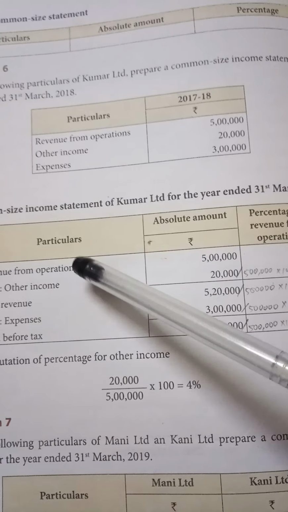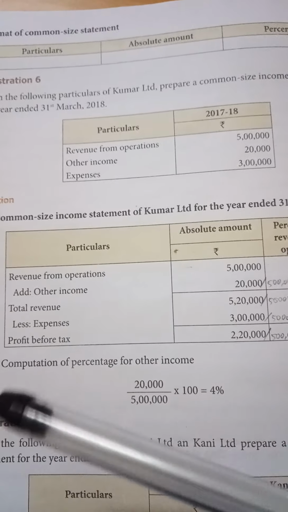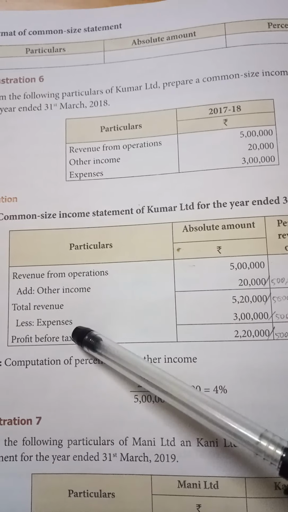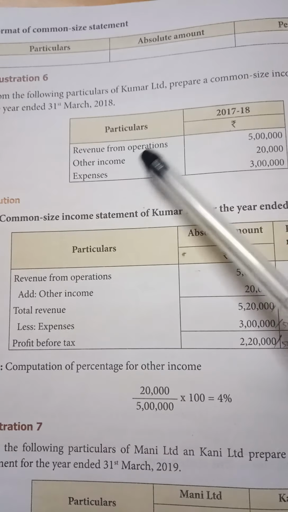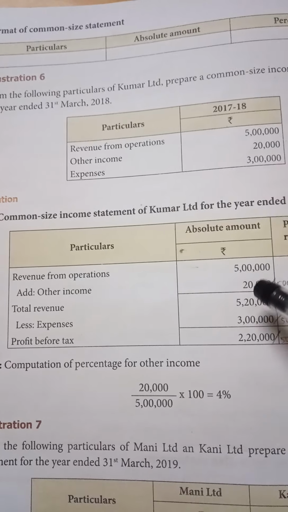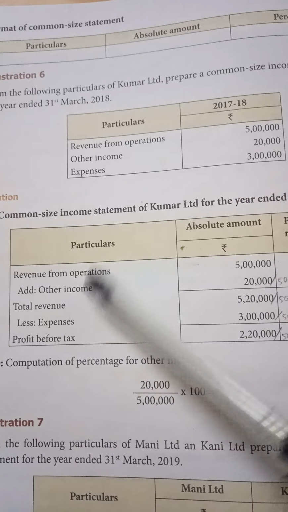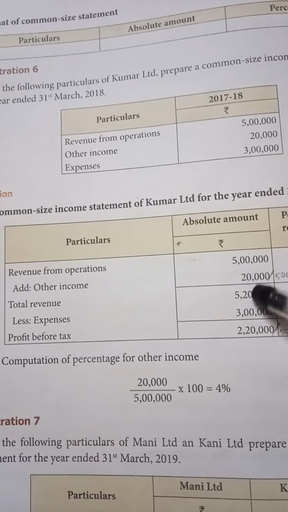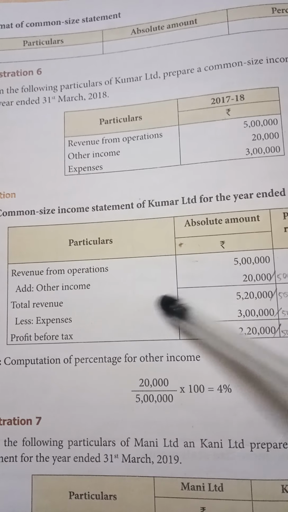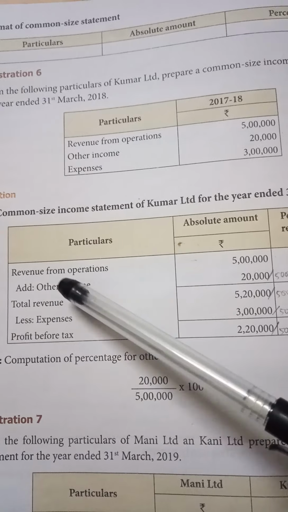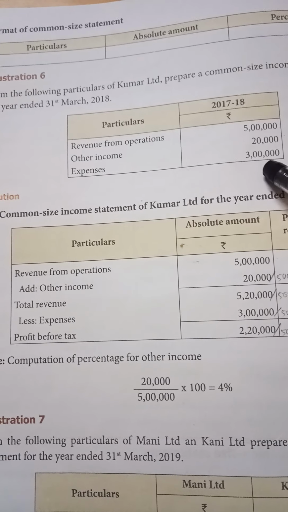So now we just have to do the same way we did for the comparative statement. Revenue from operations amount rupees 5 lakhs. Add other incomes 20,000. You will get 5 lakhs 20,000 as the total revenue, minus your expenses, which is 3 lakhs.